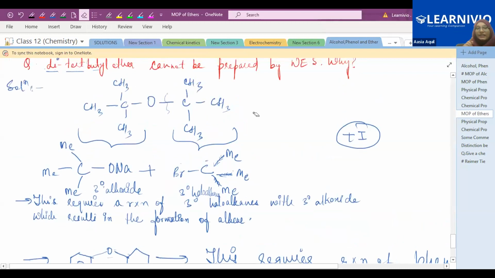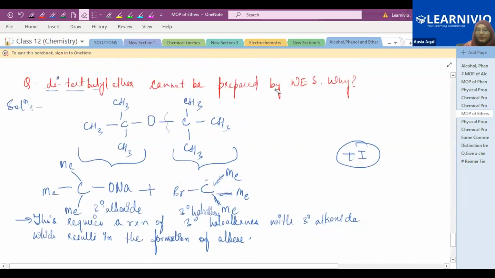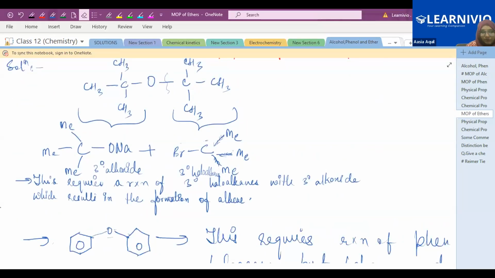So that's why ditert butyl ether cannot be prepared by Williamson ether synthesis. So you can write down this one. This is the reason: this requires the reaction of tertiary haloalkane with tertiary alkoxide, which results in the formation of alkene.